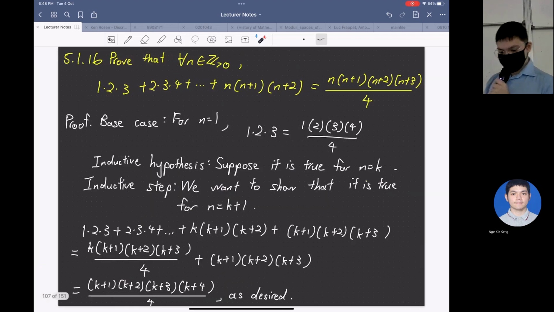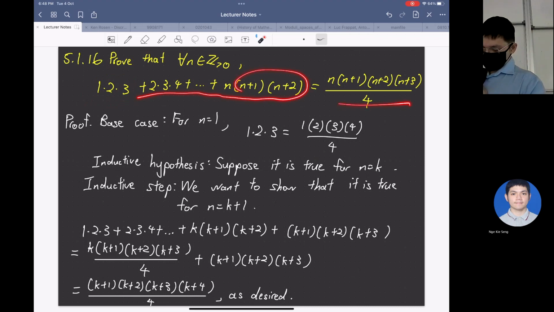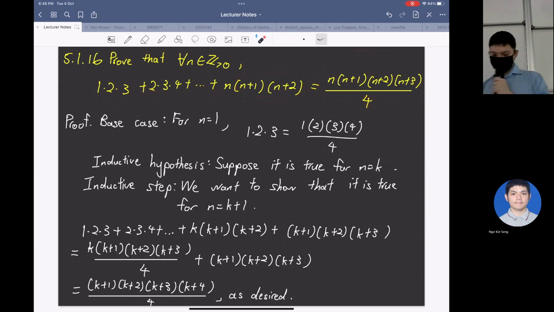And then 1.5.16 is to show another formula: multiply the consecutive three numbers and then add them up, and then we have this beautiful formula here. Since it starts with 1, the base case has to be 1.